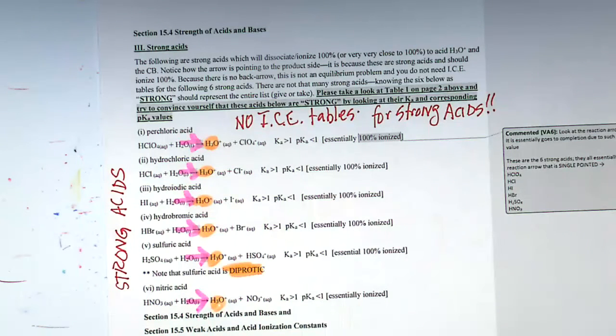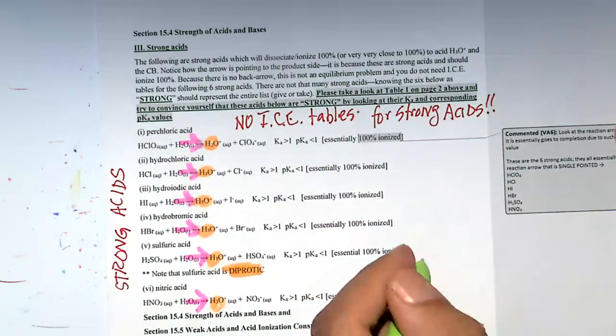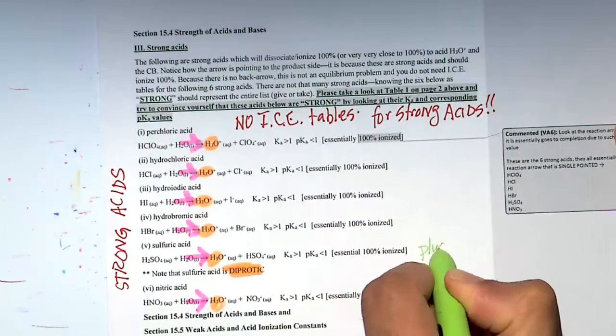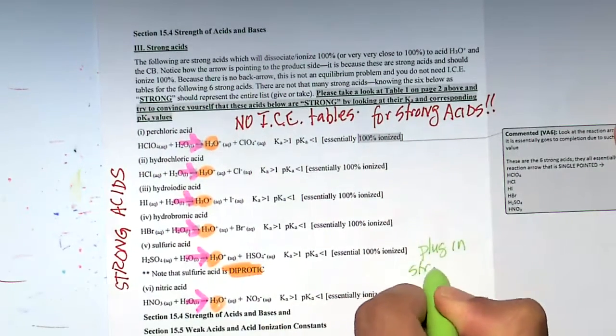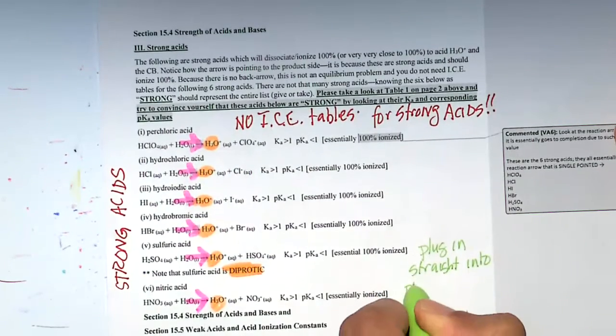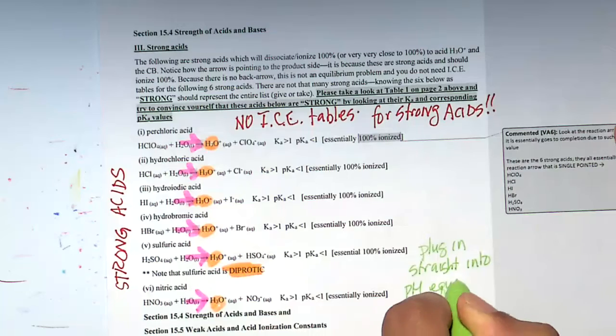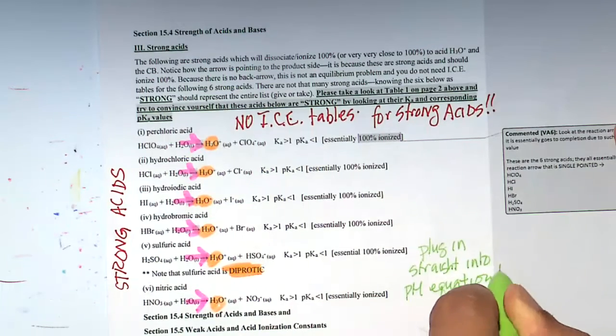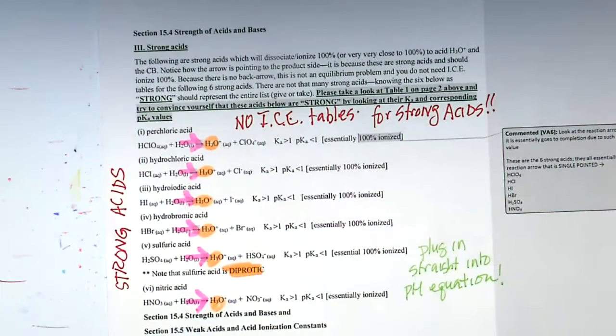All right, so that's all we need to know for our strong acids. We plug it straight into our pH equation, which is pH equals minus the log of H plus.